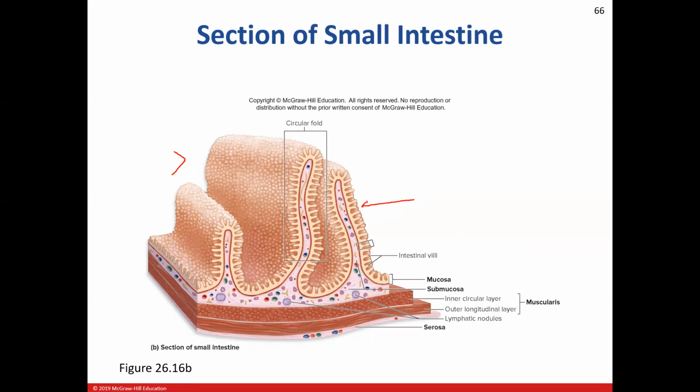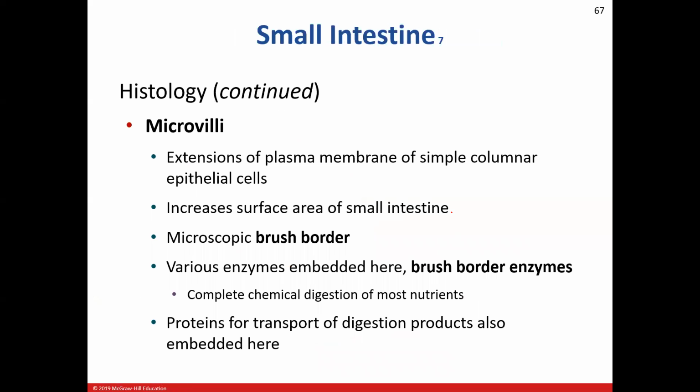These little bumps here are located on the plicae circularis. So you can see, and we'll zoom in here in a moment, in the intestinal villi, the arteriole, the venule, the capillary bed, and the lacteals, which are the lymphatic capillaries, located all throughout those structures.